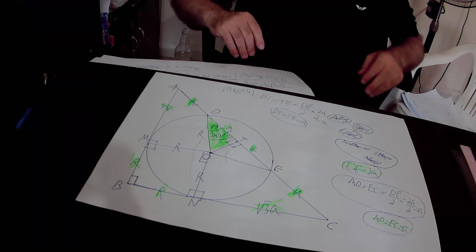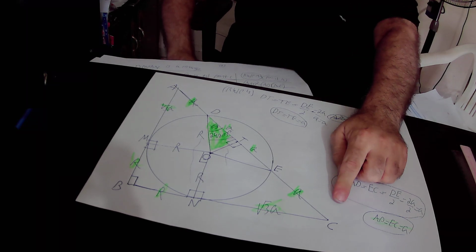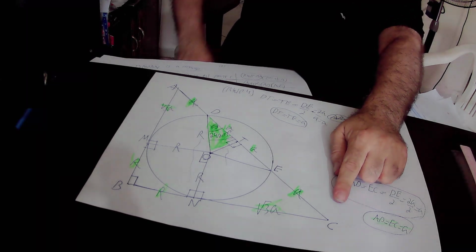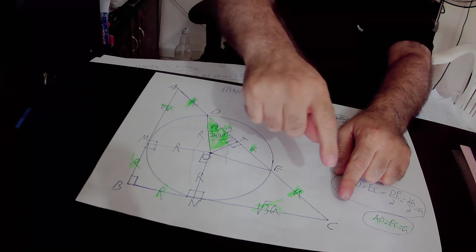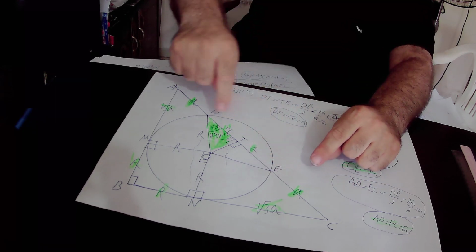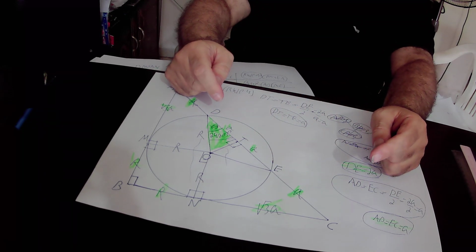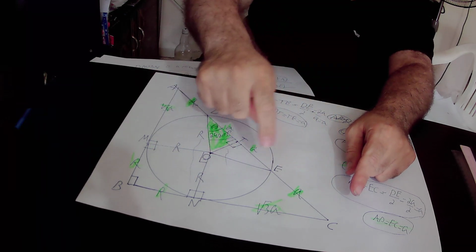Why? Because in our drawing, if we focus on the external point C, from the external point C we have tangent CN to this circle, and the straight line that intersects with this circle at points E and D. Therefore, we can implement here rule number 10. According to rule number 10, we get that CN squared equals CE times CD.